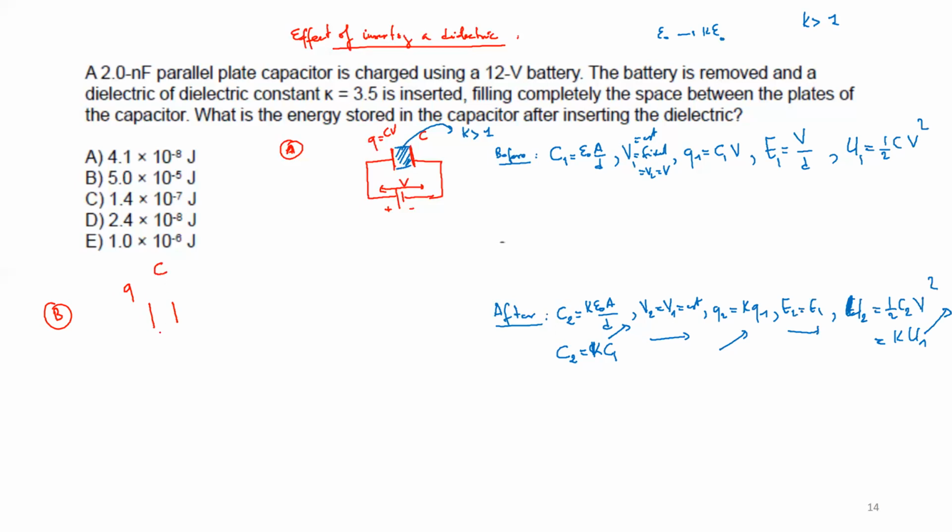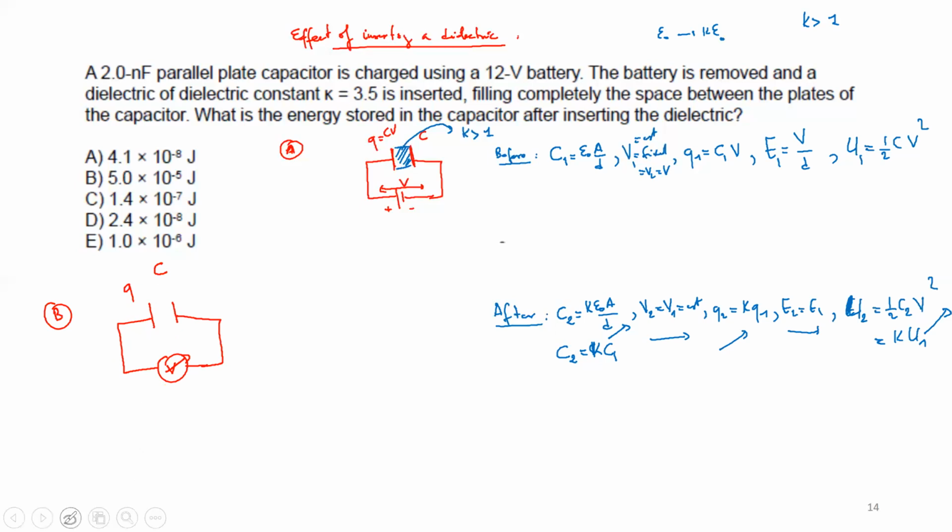It has a capacitance C, and it's connected, let's say, to a voltmeter. So no battery here. The voltmeter is just here to check what is the voltage across my capacitor. But there is no charge flowing to the voltmeter because the voltmeter has a high resistance.